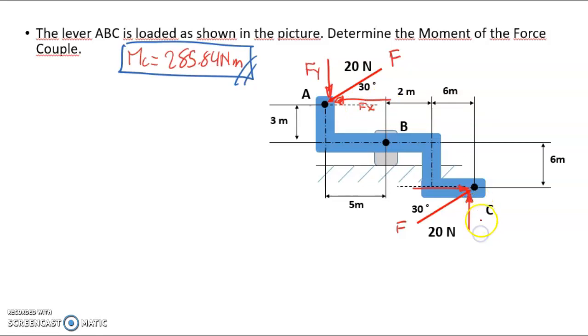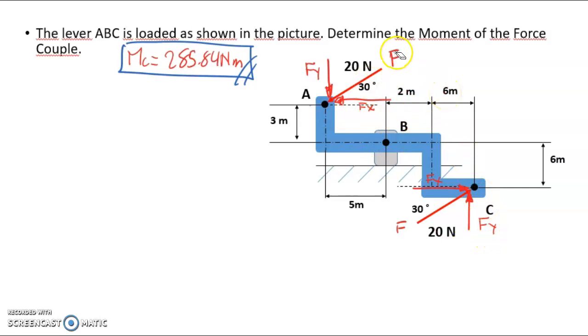Fy, the one that goes up and down, Fx, the one that goes side to side. If that's the case, we can replace the system by a set of four forces instead of having two.